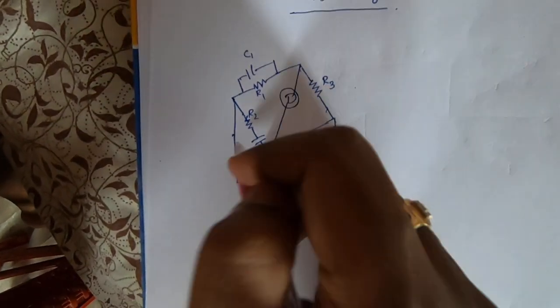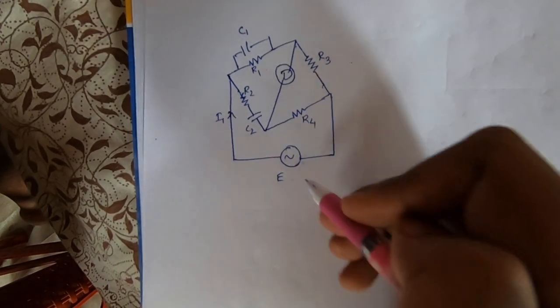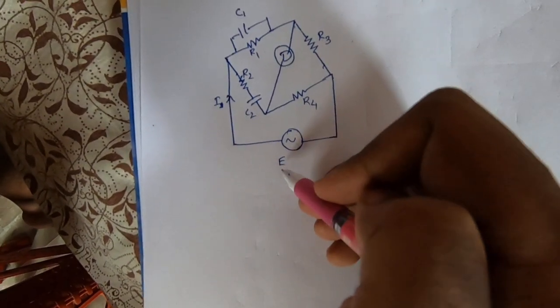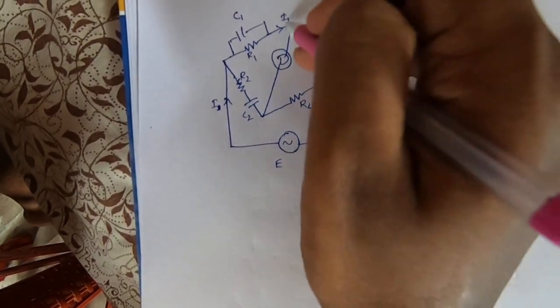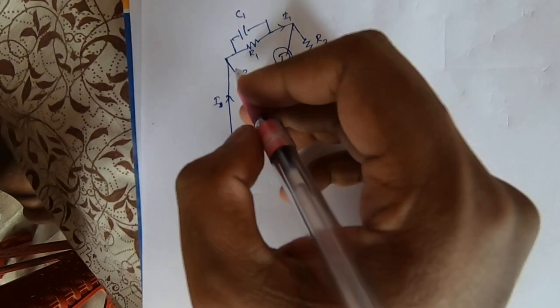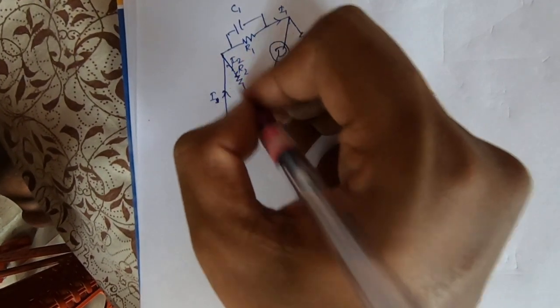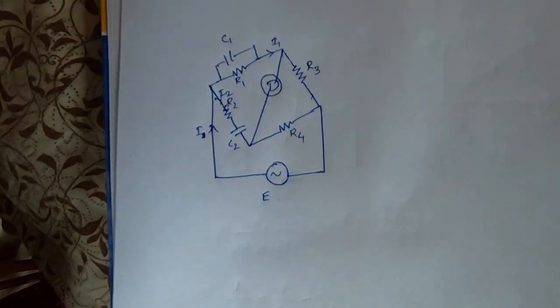Now naming the currents: this is the main supply current I, and this is E. This is your I1. This I1 is the same current flowing through this R3 also, and this current you may take as I2, and this I2 is also flowing through this R4 at the balance condition.